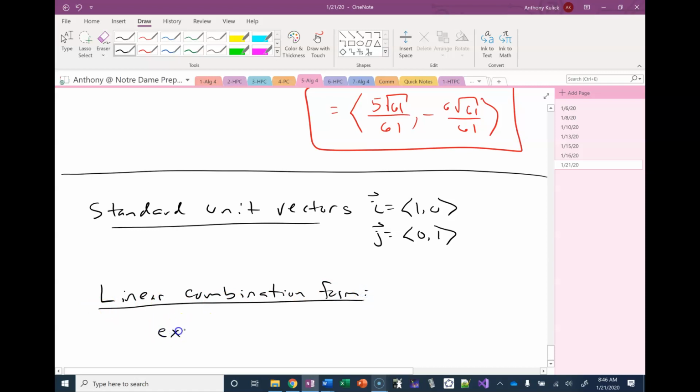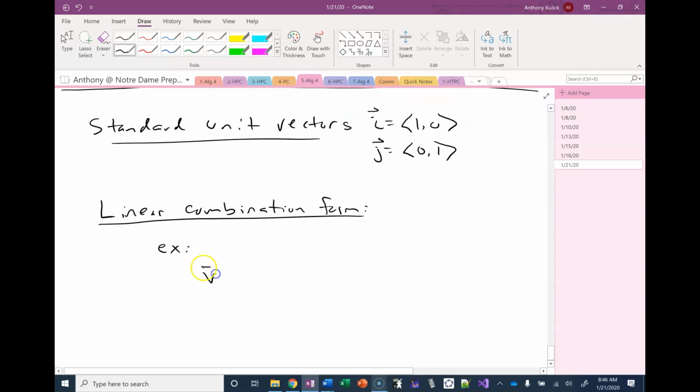So for example, let's say I have the vector v, which has components a, b. I can rewrite this as the vector a, 0 plus 0, b, right? Everybody agree with that?